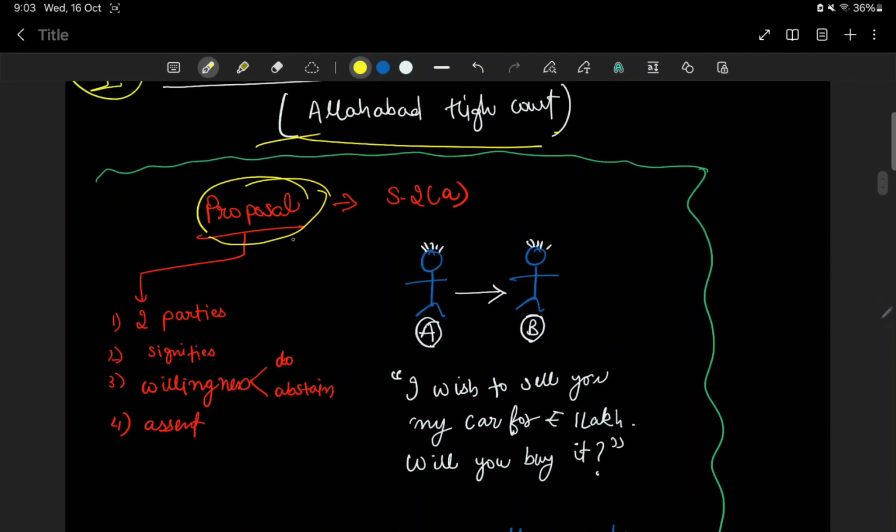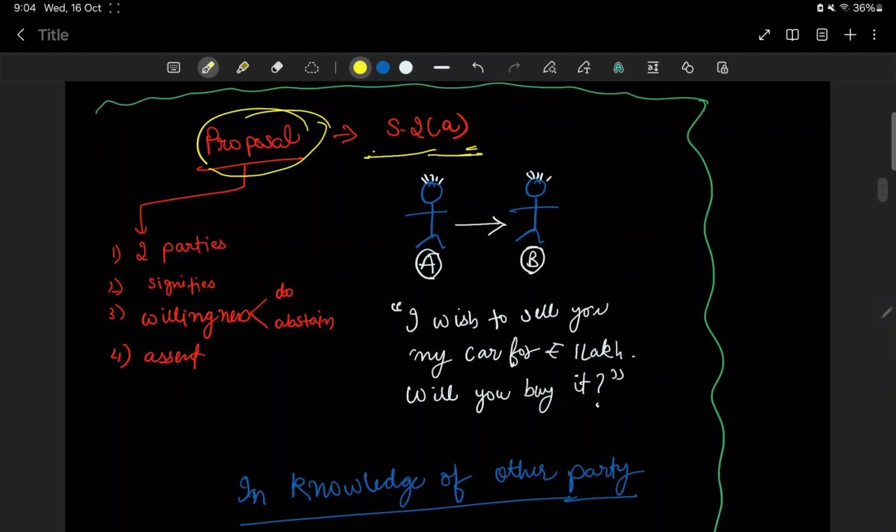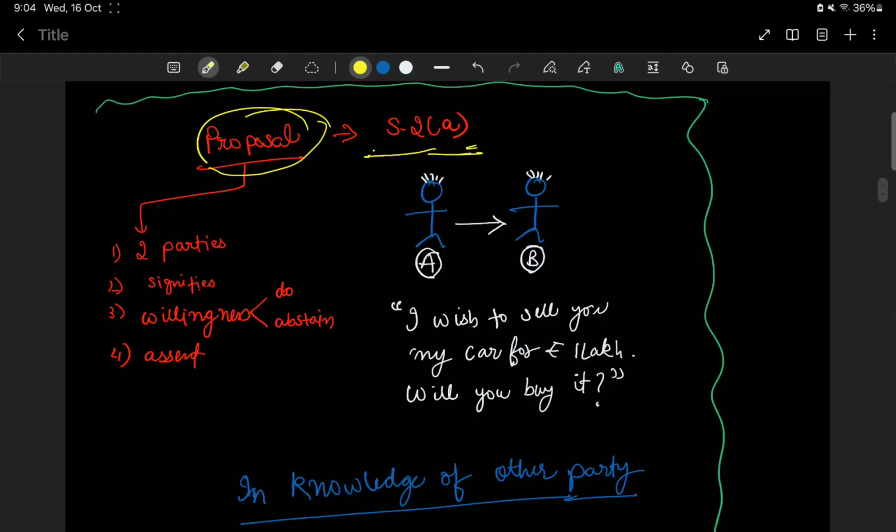So the definition of proposal is given under section 2 clause (a) of the Indian Contract Act, and it says that when one person signifies to another his willingness to do or to abstain from doing something with a view to obtain the assent of the other. Okay, now what does this mean?